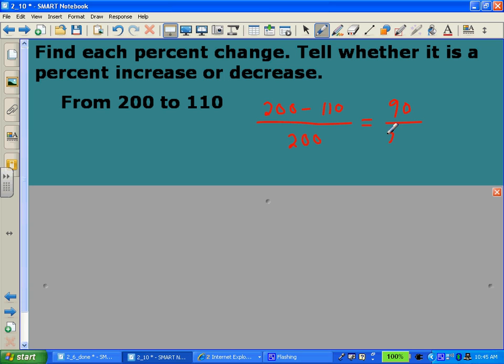So 200 minus 110 is 90 divided by 200. Well, 90 divided by 200 is 0.45. Again, I have to change that into a percent, so it's 45%. And I went from 200 to 110, so I got smaller, so it's a decrease.